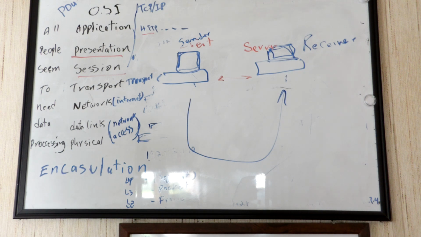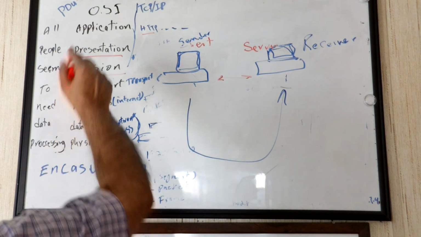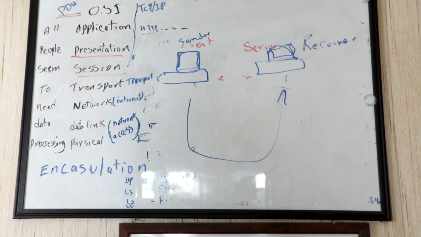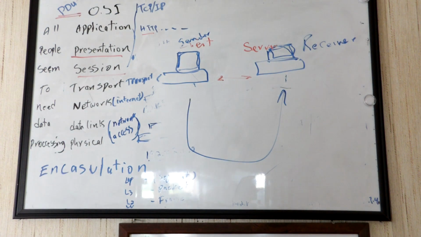What does the transport layer mean? In OSI, the data is called a PDU, protocol data unit.